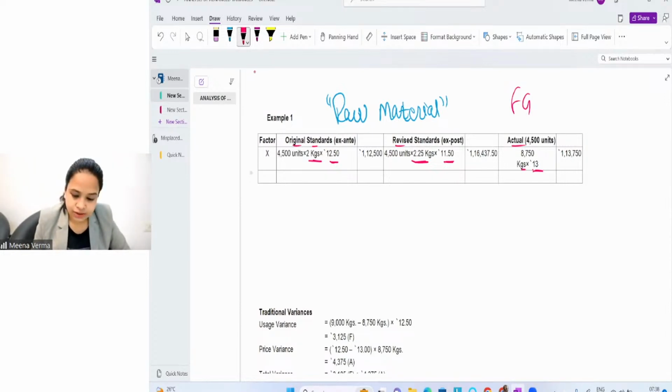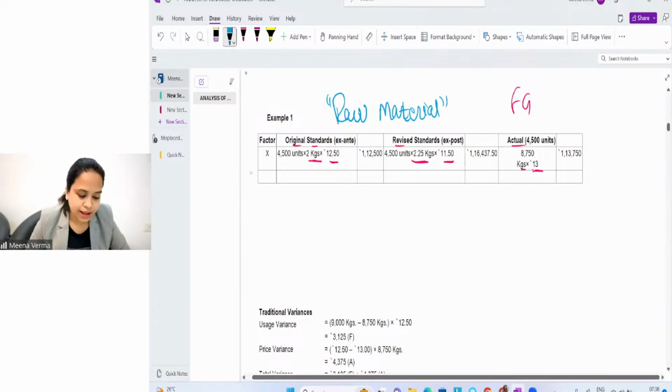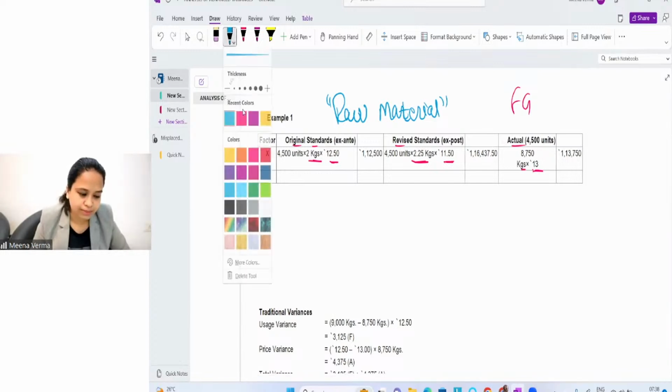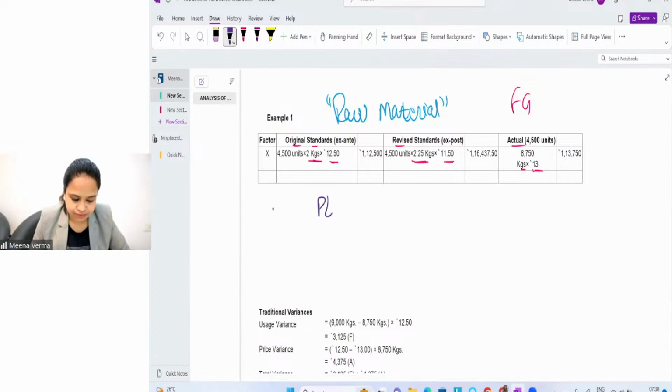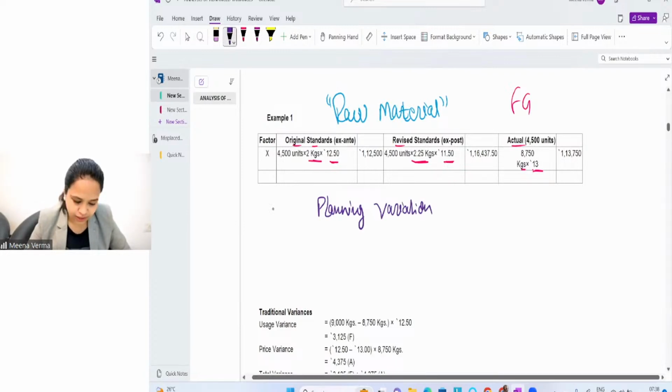Now let's see how we can find the planning variations and operational variations here.